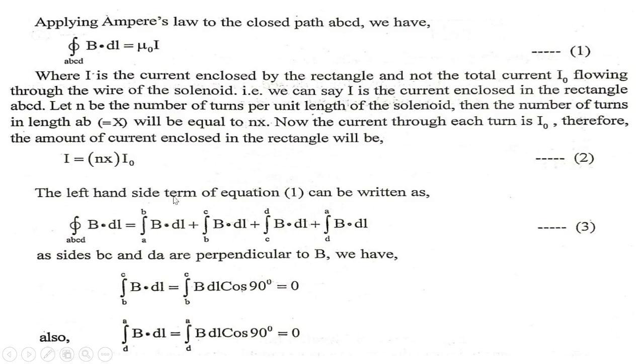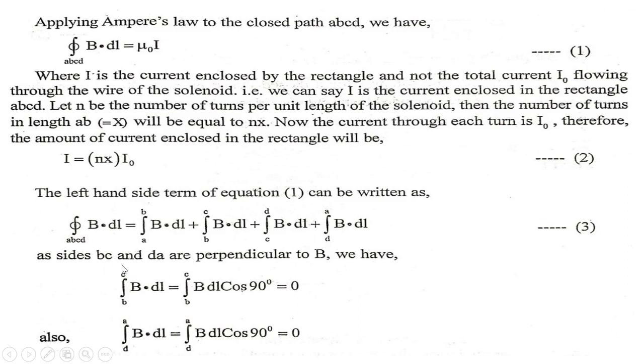The left hand side of equation 1 can be written as the line integral of B dl equals the integral from A to B of B dl plus the integral from B to C of B dl plus the integral from C to D of B dl plus the integral from D to A of B dl.